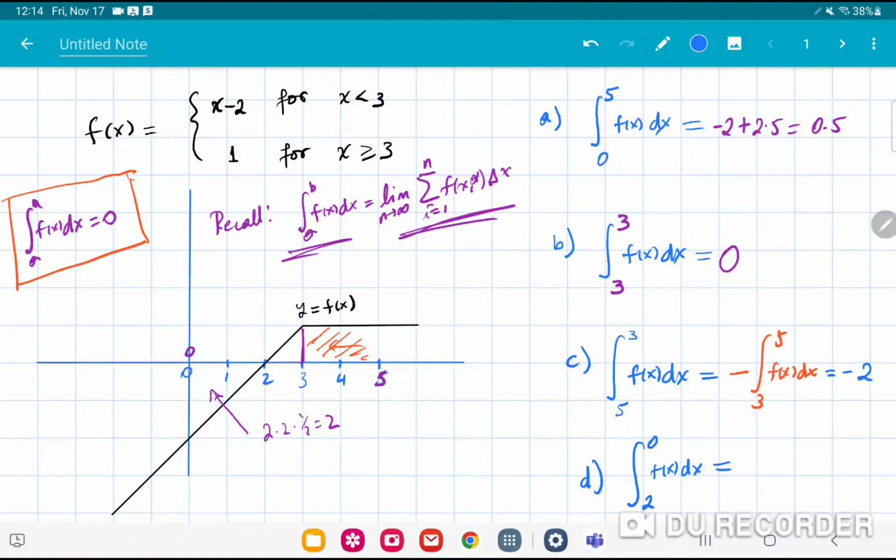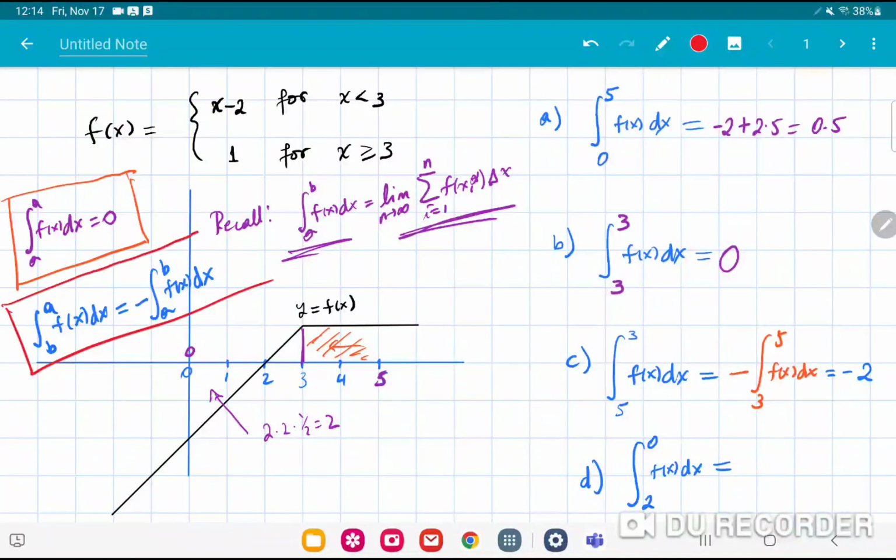So you're doing the integral switch. Anytime you switch the limits, it produces a minus. Okay, let me box this. That's another rule. This rule comes from the delta x being negative, so that's why we have a minus. But let's not go into the details of it.